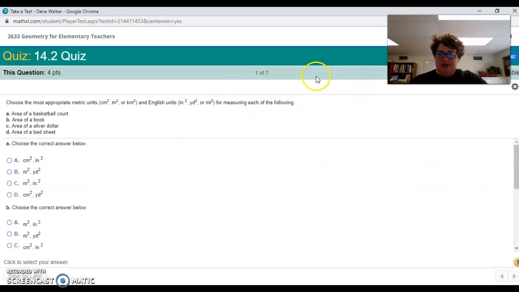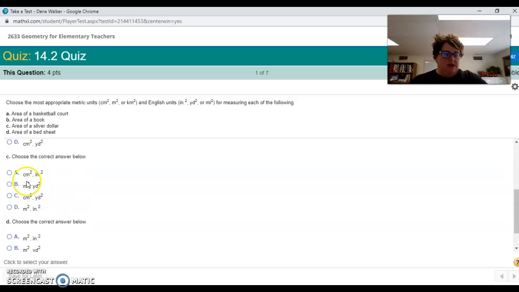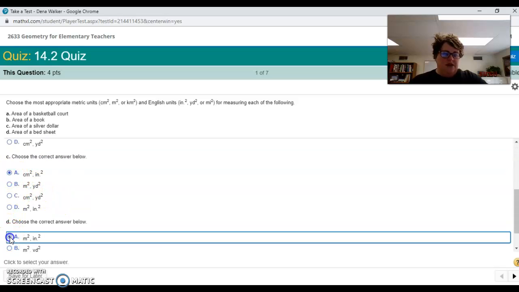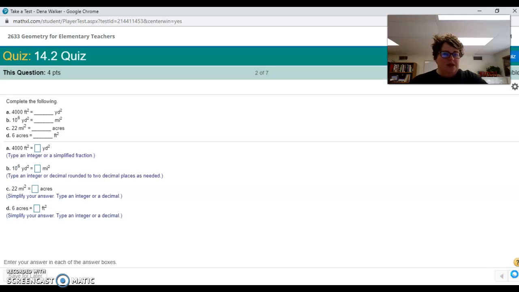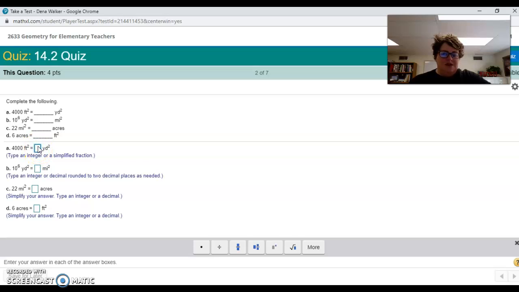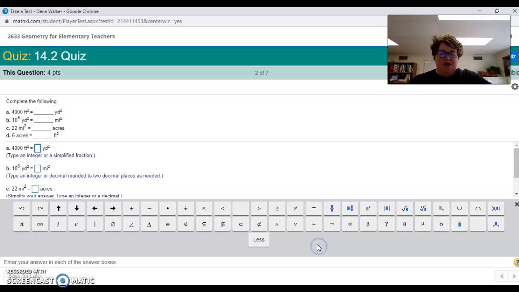You have to submit something to go to the next question, so I'm just going to put something in here. These are not the right answers, so definitely don't do it. When you click into that box, down on the bottom it's going to give you some math equation editor tools.